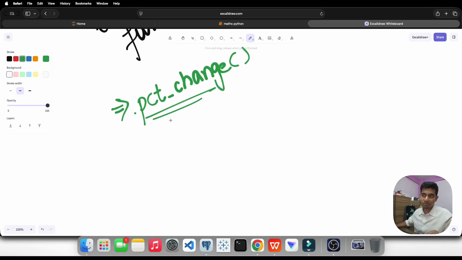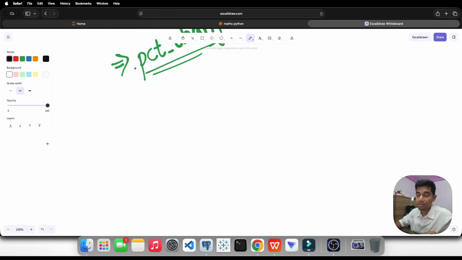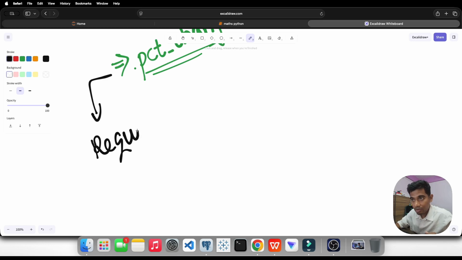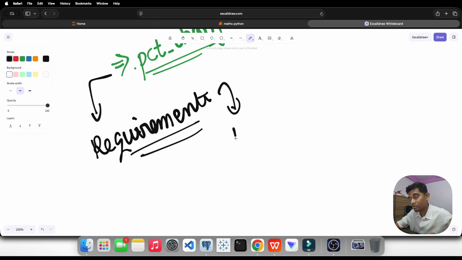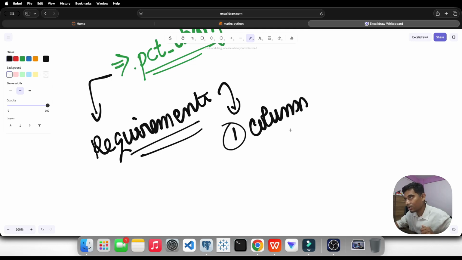So how does this function work? What are the requirements? That's the main thing. There is only one foremost and most important requirement, related to the column name, okay.